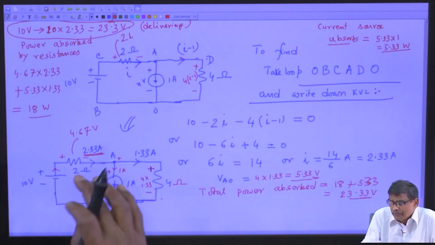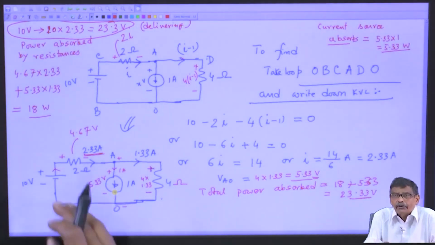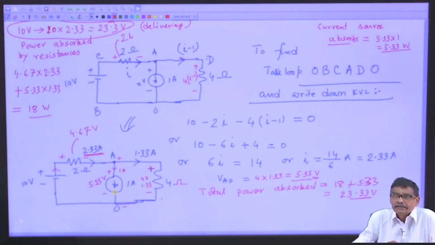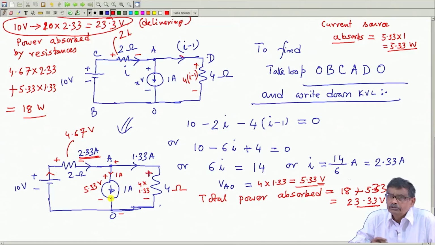Then after I have solved this circuit, I have done that power audit once again. See, in this circuit resistances will absorb power or energy, and that power must be supplied by some sources. Not that all the sources will deliver power. Here is an example: this current source does not deliver power, it absorbs it, and this battery delivers power.